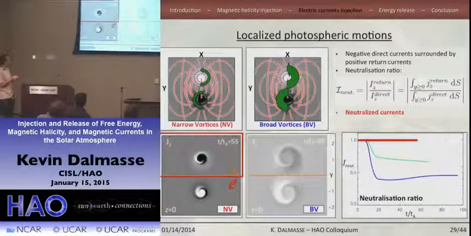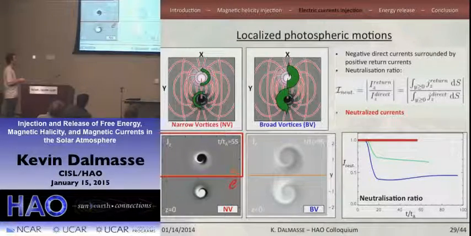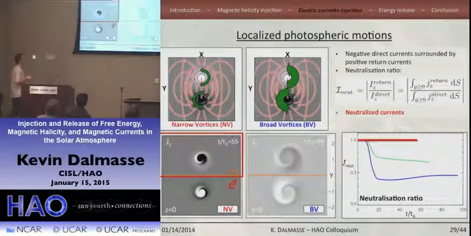Here I'm now plotting the neutralization ratio for each one of the twisting simulations, and what we found is that for narrow twisting vortices, the neutralization ratio remains equal to 1 during the whole simulation, which means that electric currents remain neutralized.